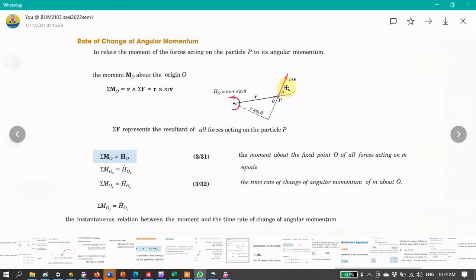So the summation of moments actually is equal to the time rate of change of angular momentum.